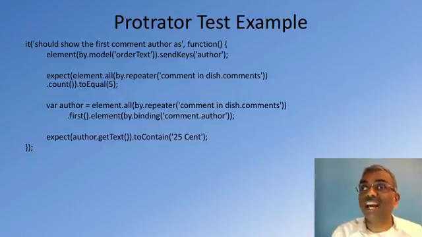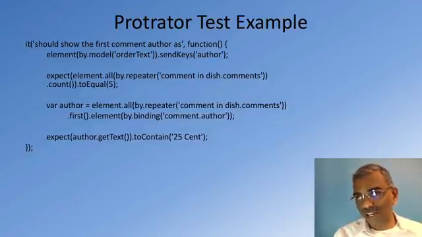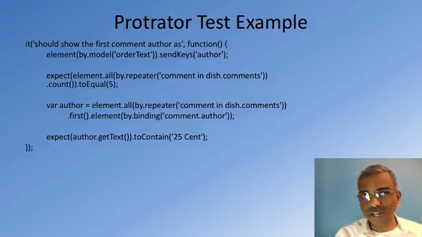Then I will check whether the comment is being correctly displayed or not. So again, in your dish details for the menu 0 item, you can type author into the input box to sort the comments, and then you will notice what the first author's name is, and you will see that it is 25 cents.